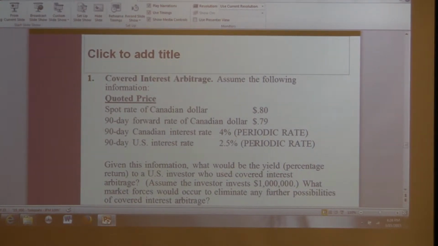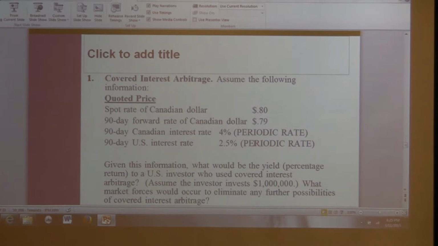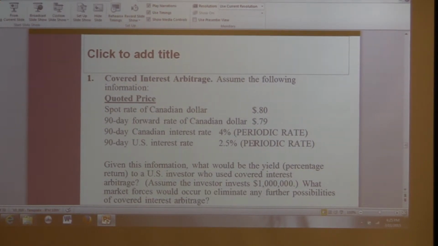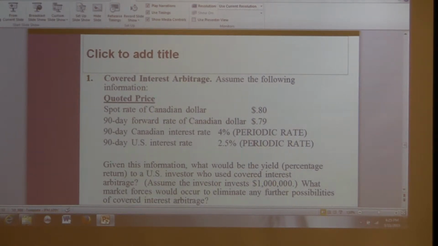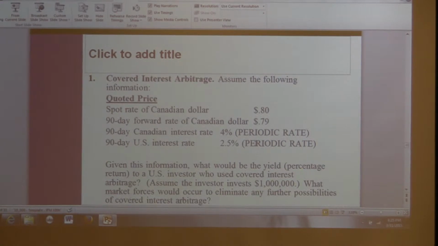So here, these are the three things you do today. So whenever you find there's some mispricing, you want to convert the US dollars into Canadian dollars. You can invest at the Canadian risk-free rate, and at the same time, to make sure you can get your money back at the end of 90 days, you are selling a forward contract, okay? So these are the three things you do.